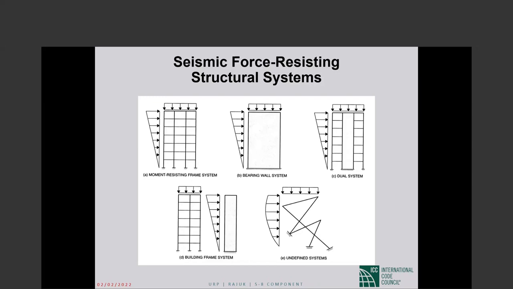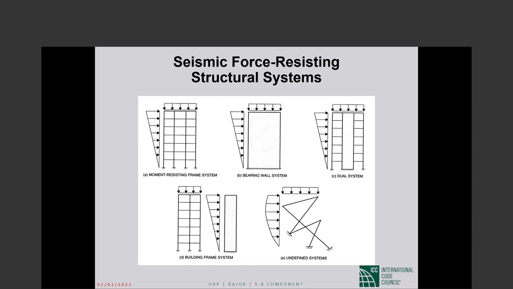Dual system is where both the shear walls and the frames participate in resisting gravity as well as lateral loads. Frames carry their share of gravity and lateral loads. Shear walls carry their share of gravity and lateral loads. You need to do an interactive analysis of the frame shear wall system.